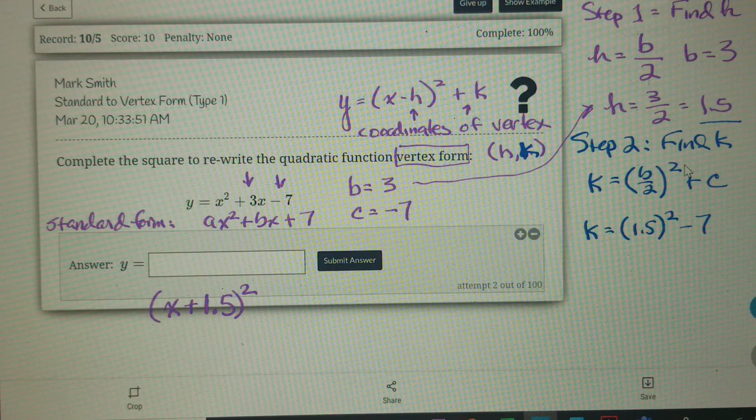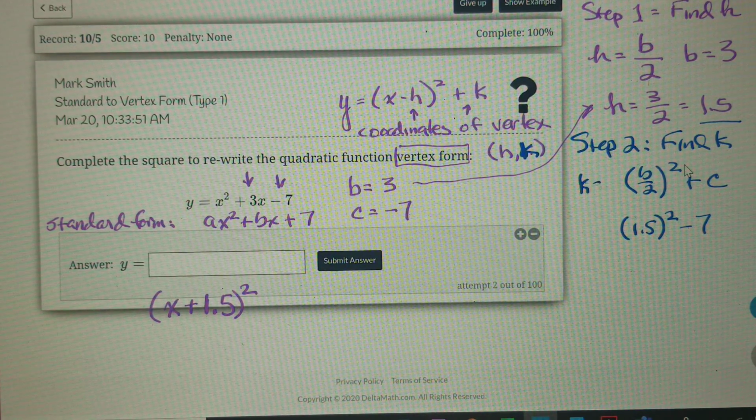So k is equal to, I forgot my negative sign here. Sorry about that. k is equal to negative 2.25, subtract 7, so k is equal to negative 9.25.